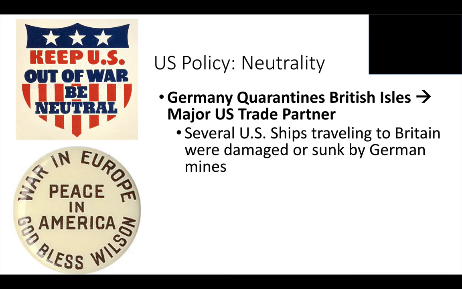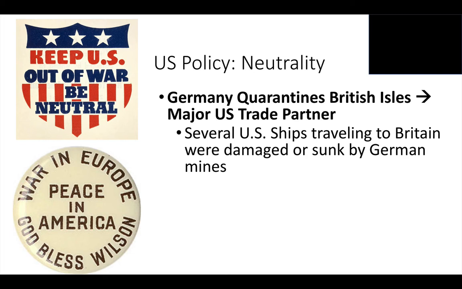What happens is World War I only really starts to affect us because Germany decides to quarantine the British Isles. That means that U.S. ships that trade with Britain, we can't get through that quarantine. And what happens is we kind of push through when we want to trade with Europe. German U-boats.